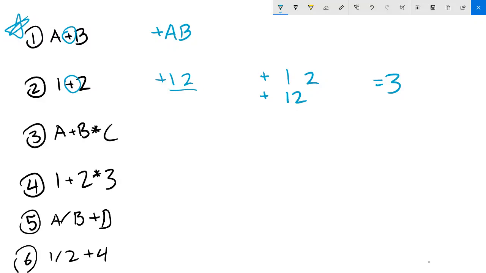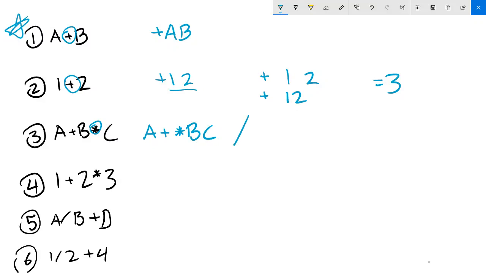Alright, now in number 3, what is the first step? The first step is multiplying b and c. So what I'm going to do, I'm going to move this multiplication symbol in front of b and c. Okay, so it's a plus, multiply b, c.